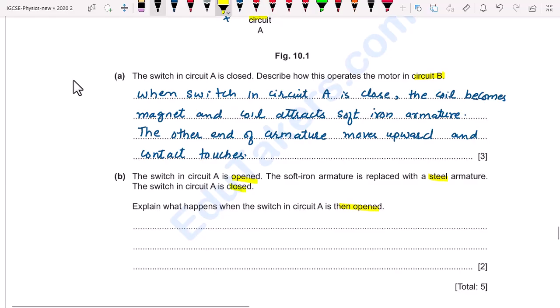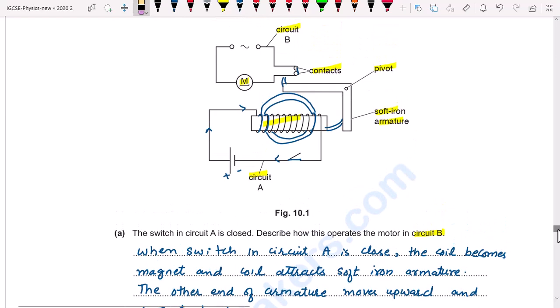So first of all, we go back to the circuit. And when the switch in the circuit A is opened, then there will be no current through the circuit A. And then this coil is just a coil, it does not act like a magnet.